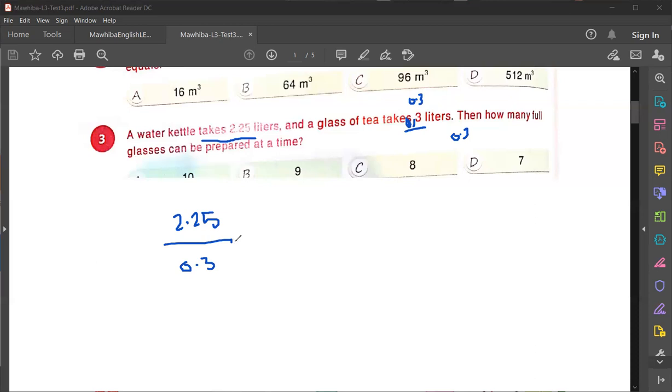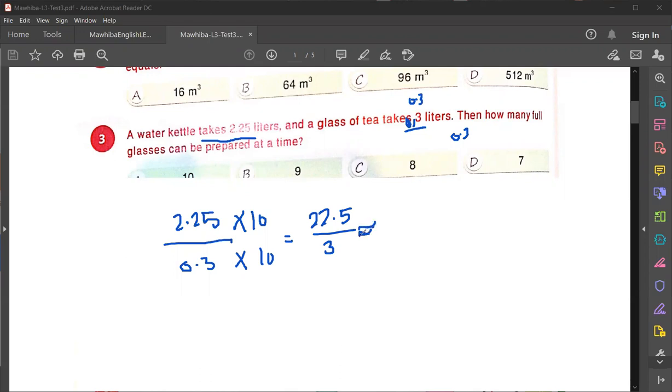You can use long division, or you can multiply here by 10 and here by 10 to remove the decimal point. So 22.5 divided by 3. So what is the answer here?